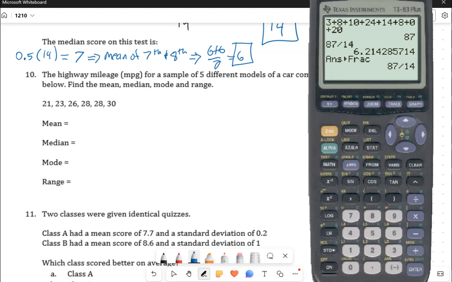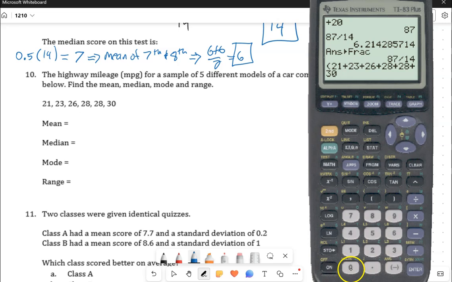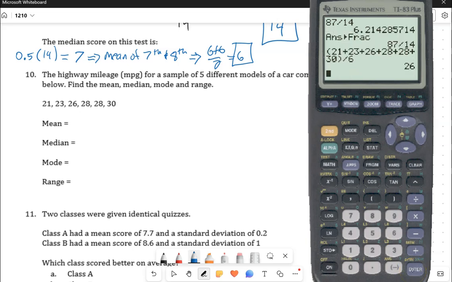The mean, parenthesis, 21 plus 23 plus 26 plus 28 plus 28 plus 30, parenthesis, divide by, how many are there? There are 6. 26. So to get full credit, you do need to show your work on the test.